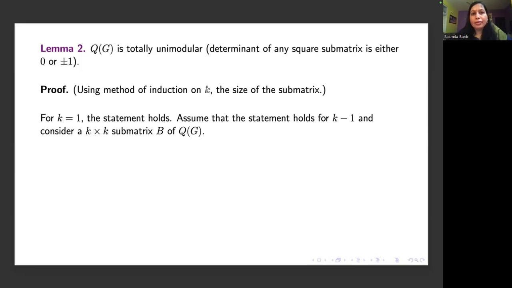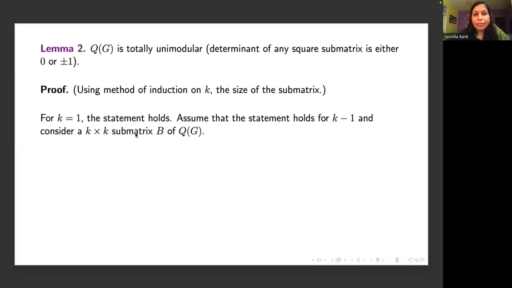So let's say we're taking k, meaning the size or order of the submatrix. If I take k equal to 1, the statement holds, because we have already observed Q has entries 0 or plus 1 or minus 1. So if I'm taking any submatrix of size 1, then it will be 0 or plus 1 or minus 1.